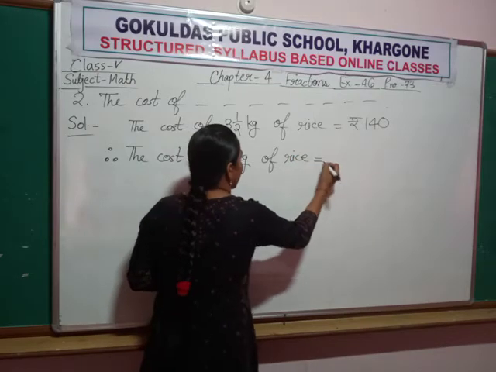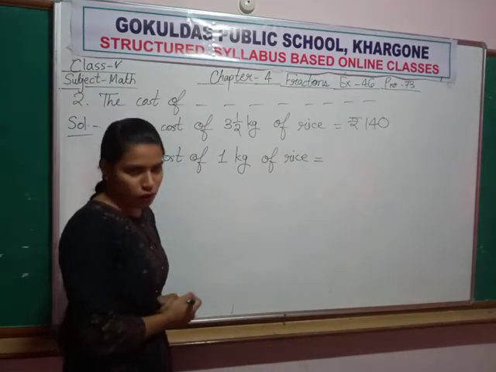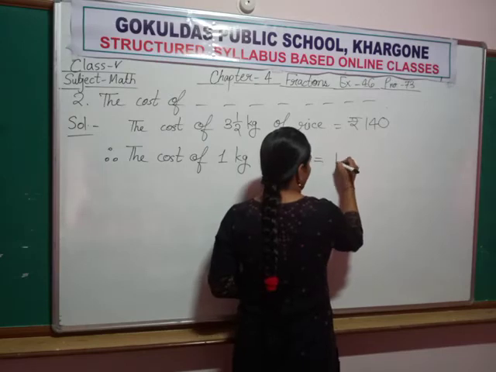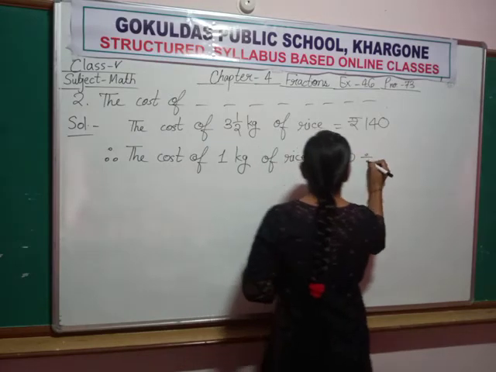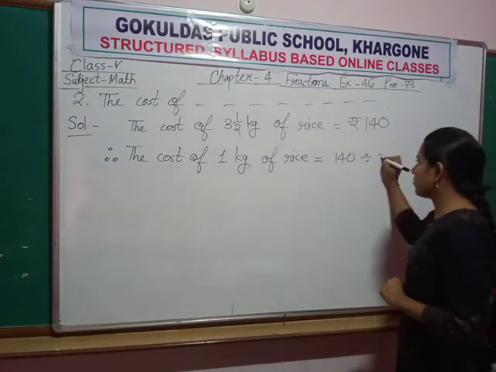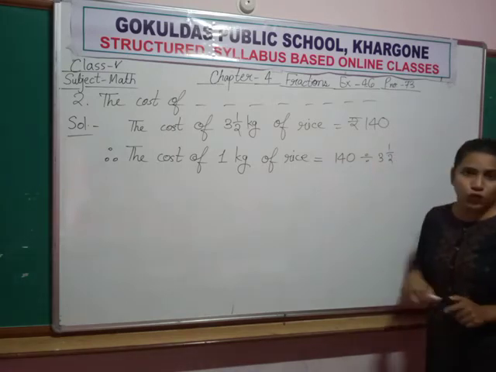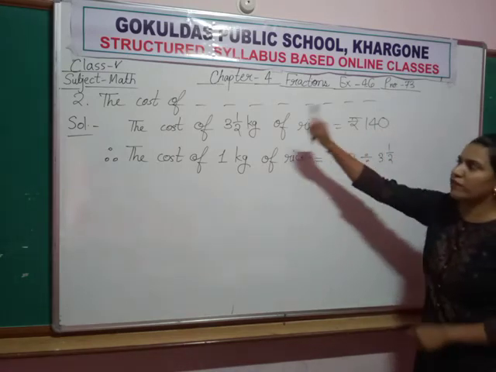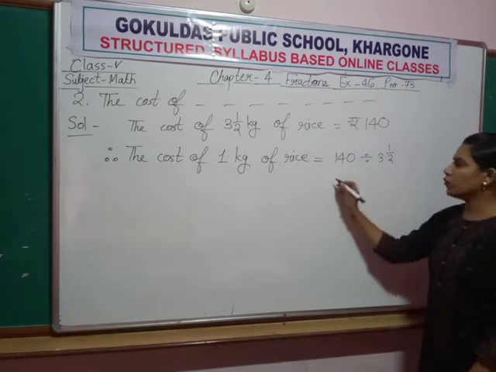So in such cases what do we do? We apply the division operation. So 140 will be divided by 3:1/2. Right, 140 will be divided by 3:1/2.